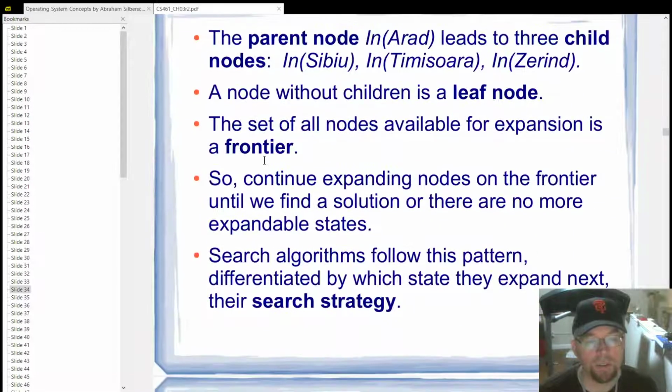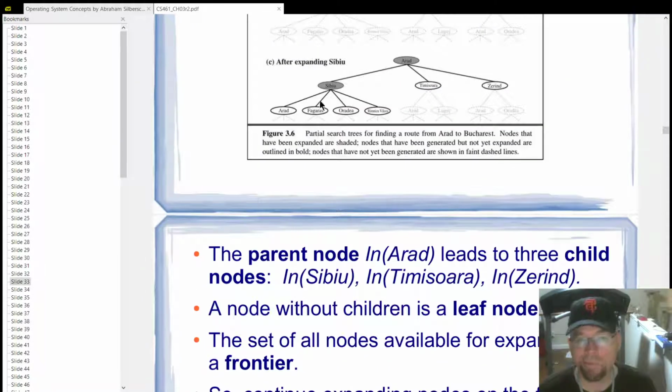Okay, so the search algorithms that we're going to study in the next sections are going to generally follow this idea. Now the order in which they expand nodes, the order in which the search progresses, is going to differentiate one search algorithm from another, and also dictate how efficient one is over the other.